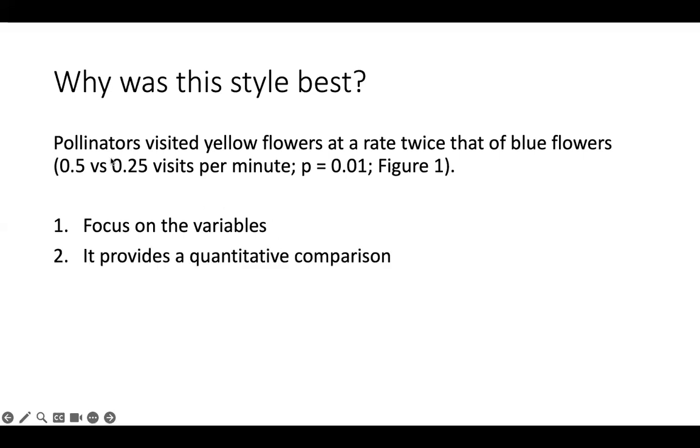Additionally, this gives a quantitative comparison between treatments. And at the same time, it doesn't overcomplicate that quantitative comparison with stats directly in the sentence. So again, you have a rate twice that of, which is a quantitative comparison. You have a twice as high visitation rate, but we get the specifics in these parentheses, so it's not convoluting the flow of the sentence.